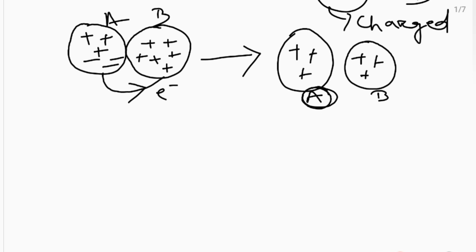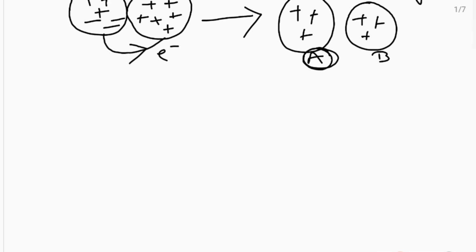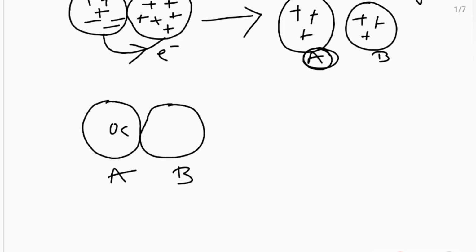So one more point we have to remember: if two bodies are identical, then the charge shared by them is equal. For example, body A has charge 0 coulomb and body B has charge 2q.